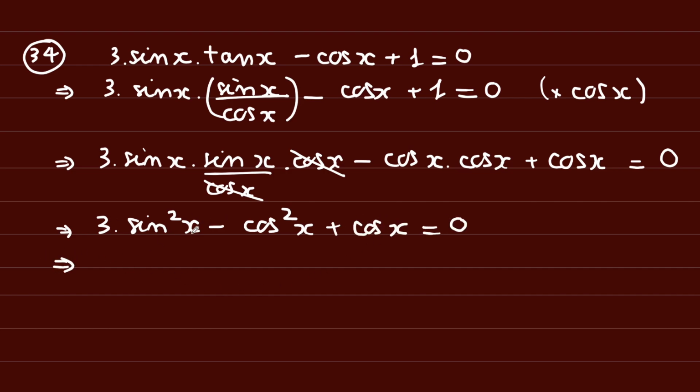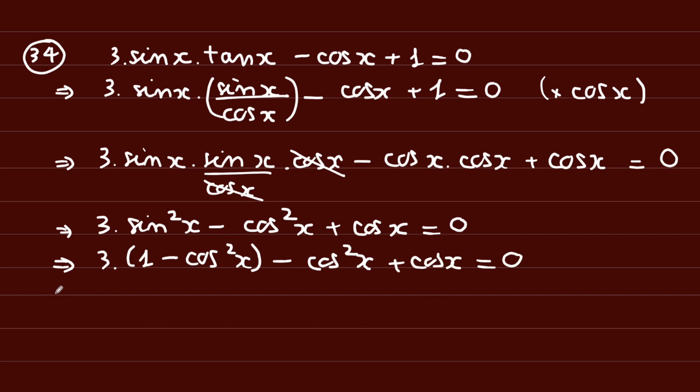And how about sine square x here? You have cos square, you have cos. I want to convert sine square to cos. It means sine square x will be equal to 1 minus cos square x, and outside the bracket we keep them unchanged. And then you get this trigonometric equation.